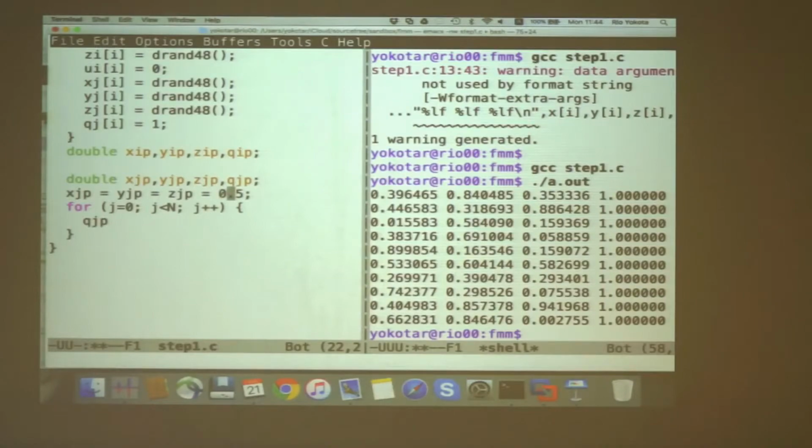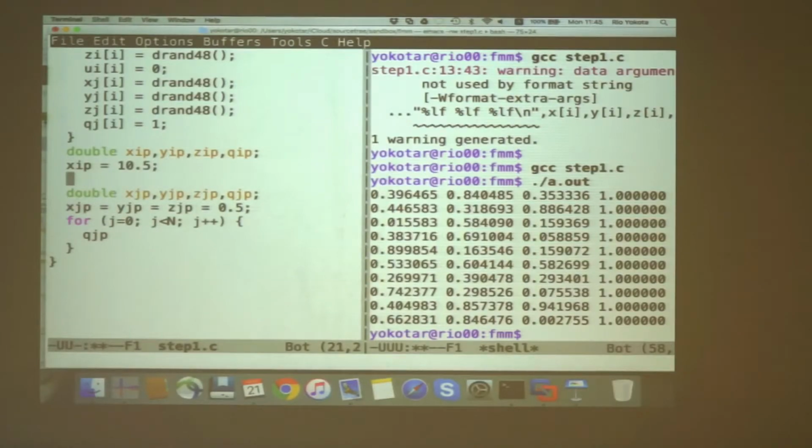And for the i, only xip needs to be like 10.5, and yip and zip are still 0.5, because I shifted xi by 10, so the center of the box should be shifted 10.